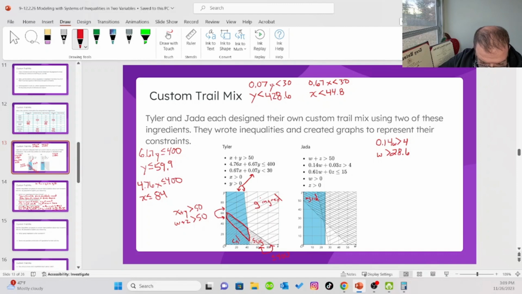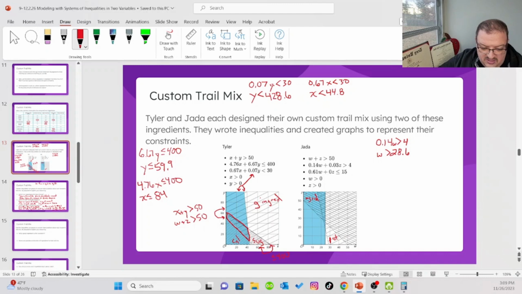And we can see that point right here. So this dotted line and all of this wider line shading to the right is going to be our protein.